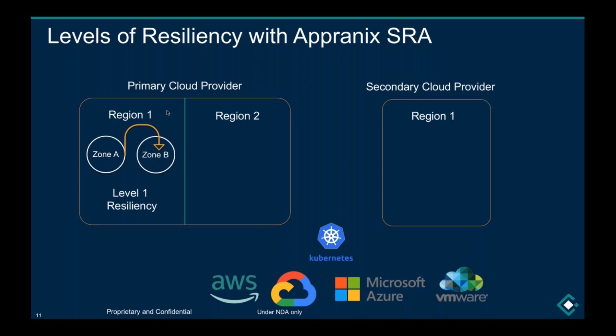And that's where Appranix gives you multiple levels of resiliency. You can think of us when you want resiliency, we call it level 1 resiliency between two zones within the same region, or between two regions, East Coast to West Coast, availability and resiliency within the same cloud provider.